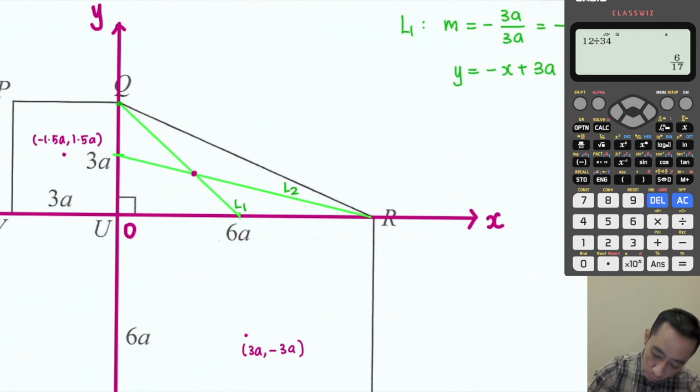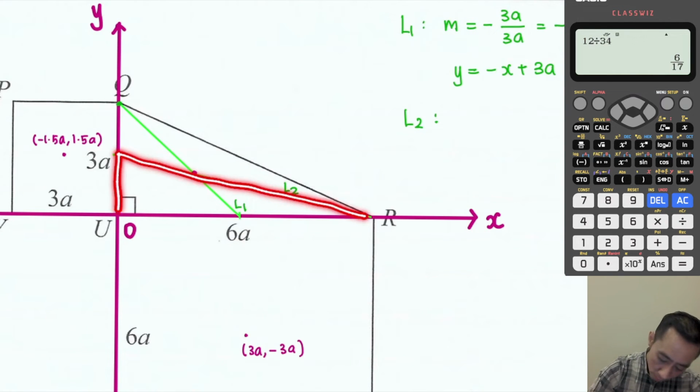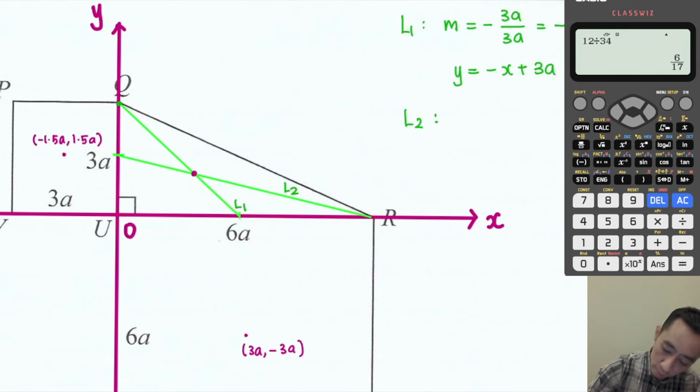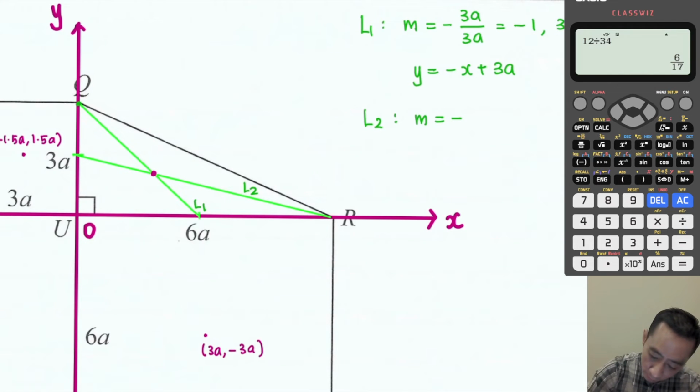Okay, now for line 2. So line 2 is this, where the rise is 1.5a and the run is 6a. Similarly, the line is going down, so the gradient is negative. Therefore, n is equal to negative 1.5a over 6a.